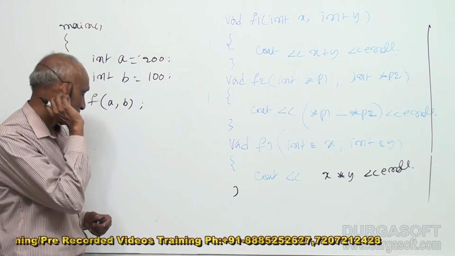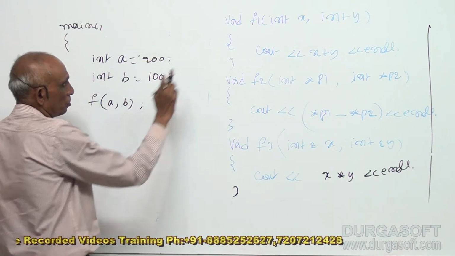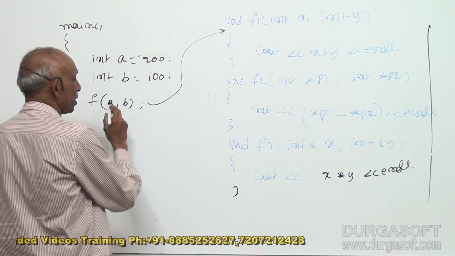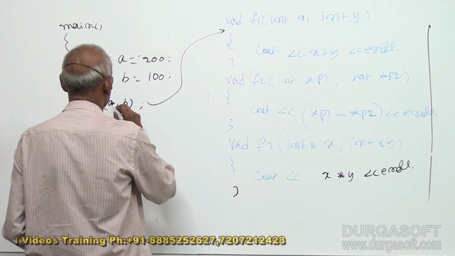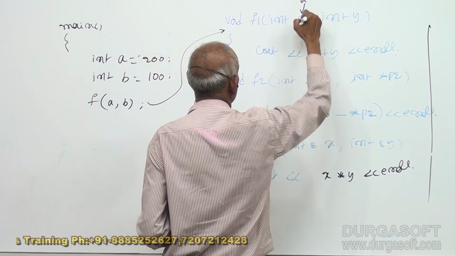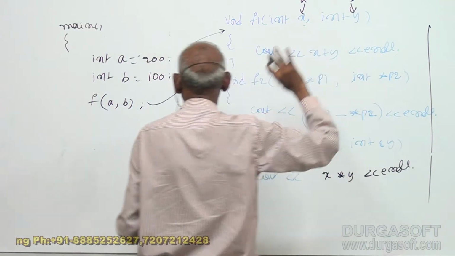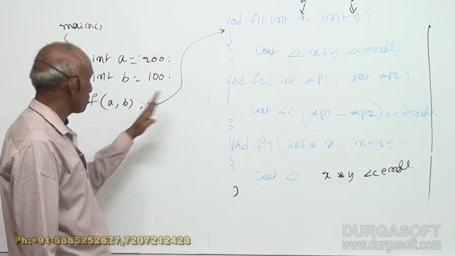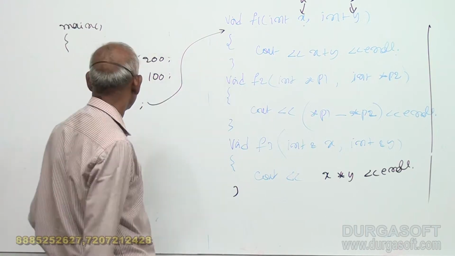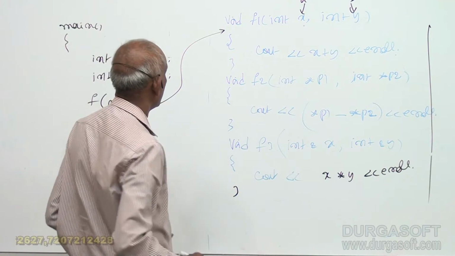f1 a comma b means this function is called with integers. So a is copied to x, b is copied to y, and then the call happens. So x, y are copies of a and b. This is called passing by value.